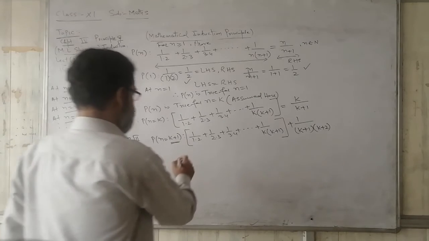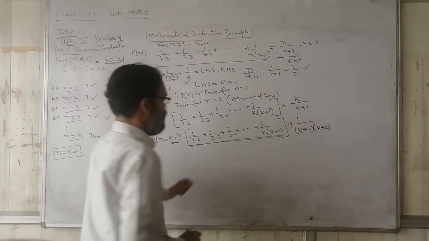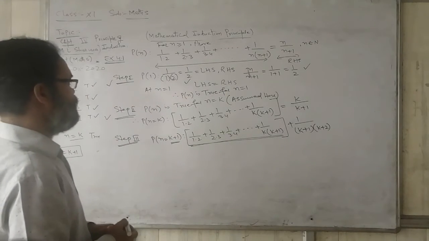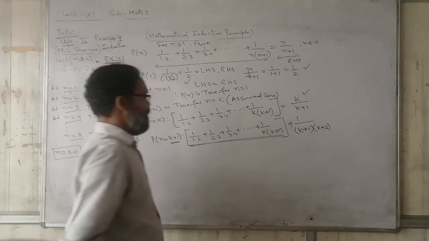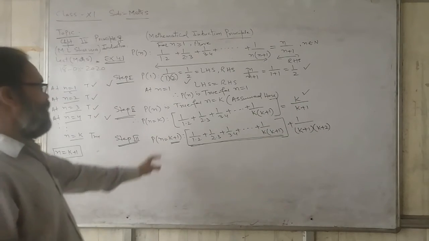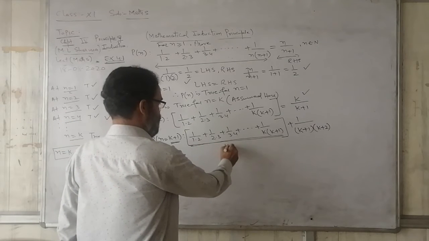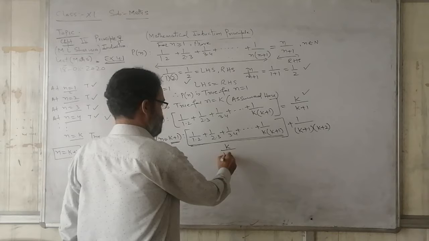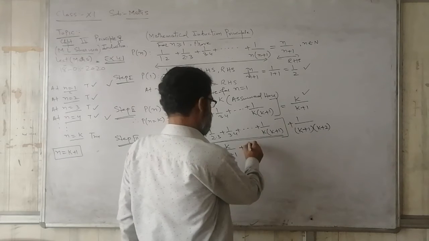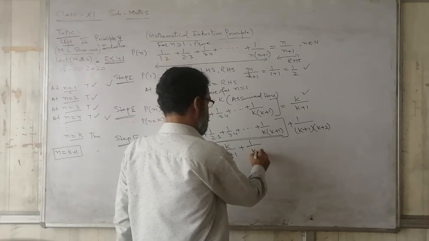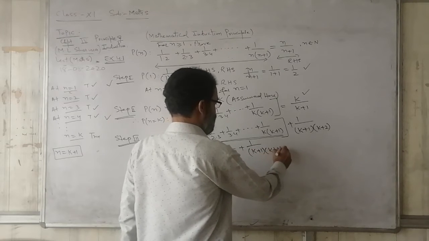Now this term is equal to, so I can substitute the value of n equal to k here. I can write k upon k plus 1, plus 1 upon k plus 1 into k plus 2.